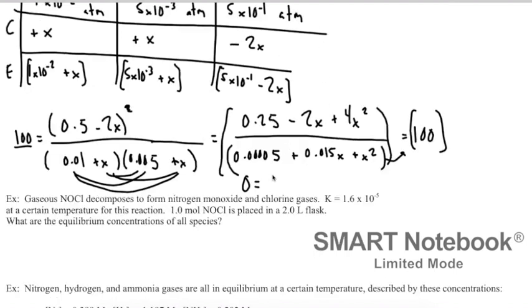You end up getting 0 equals negative 0.245 plus 3.5x plus 96x squared.